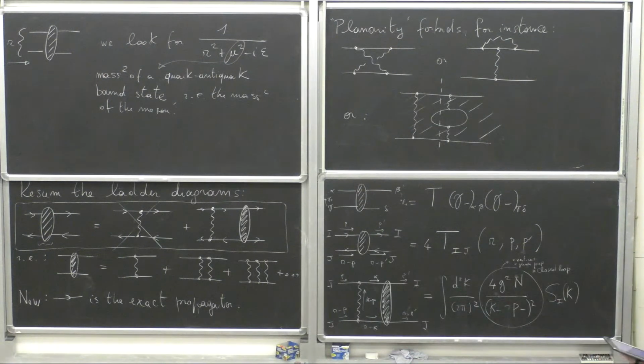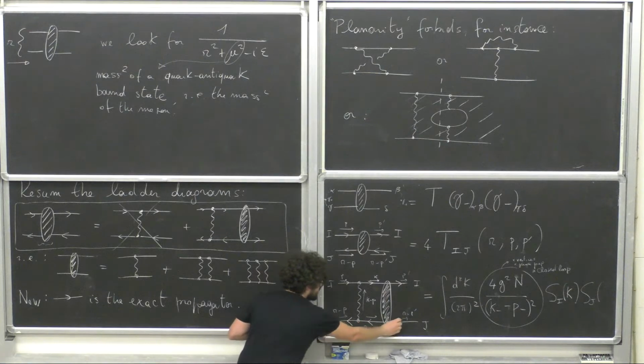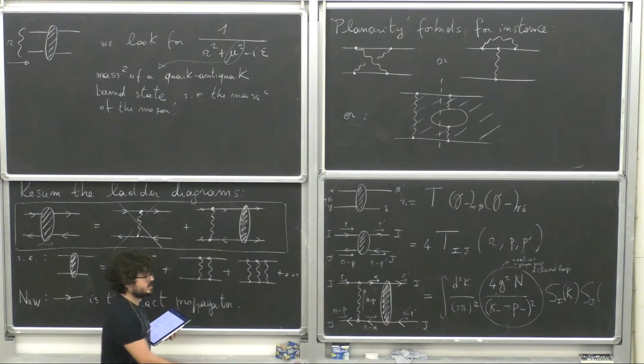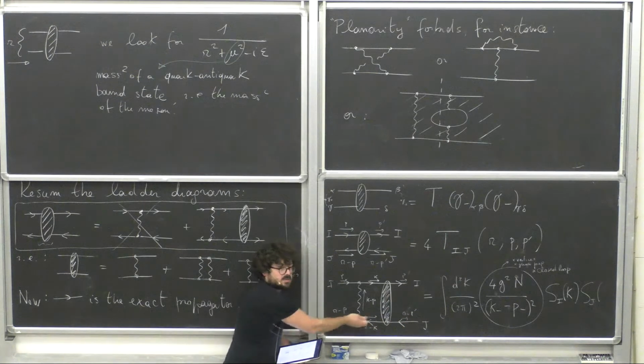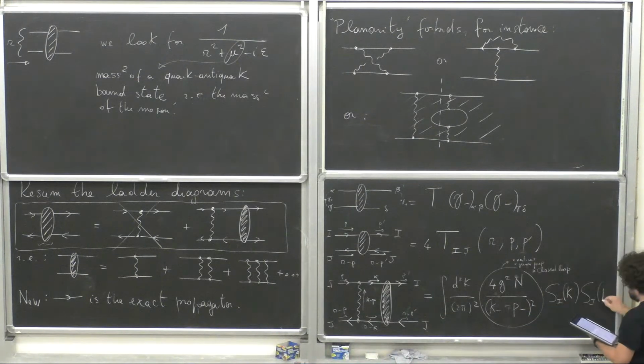I have Si of K, and I have Sj of, for some reason I wrote K minus R. Ah, yes, there is a reason. The reason is that I forgot to draw the lines, you see. This goes like this, if you read the arrow. And so if you follow the arrow, this is K minus R. So there is Sj of K minus R, okay?